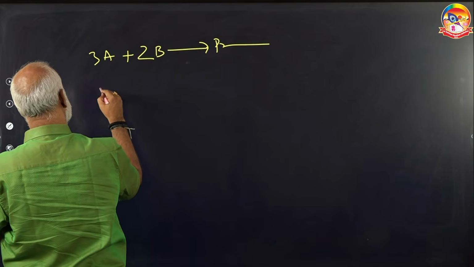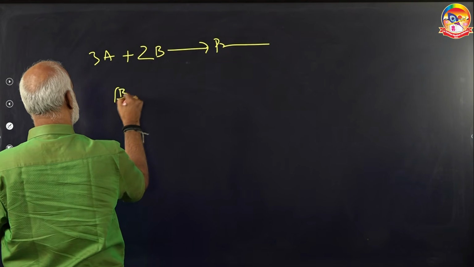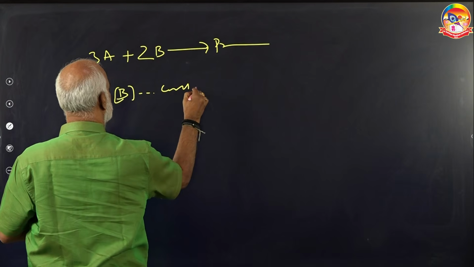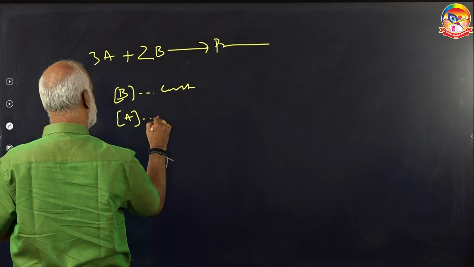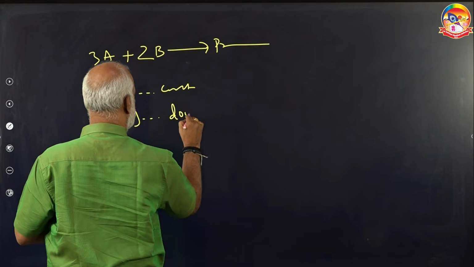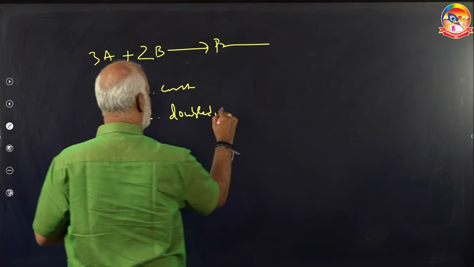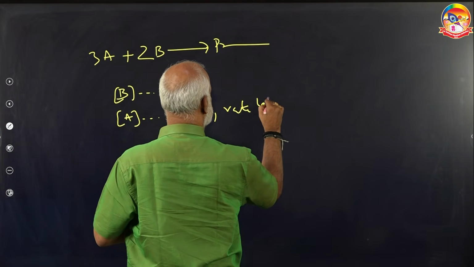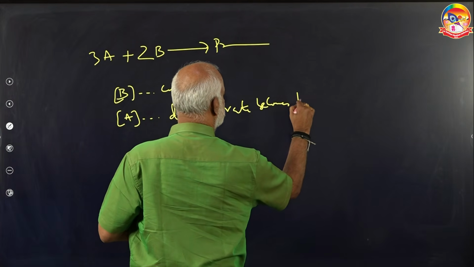Suppose someone says concentration of B constant, concentration of A doubled, rate becomes half.